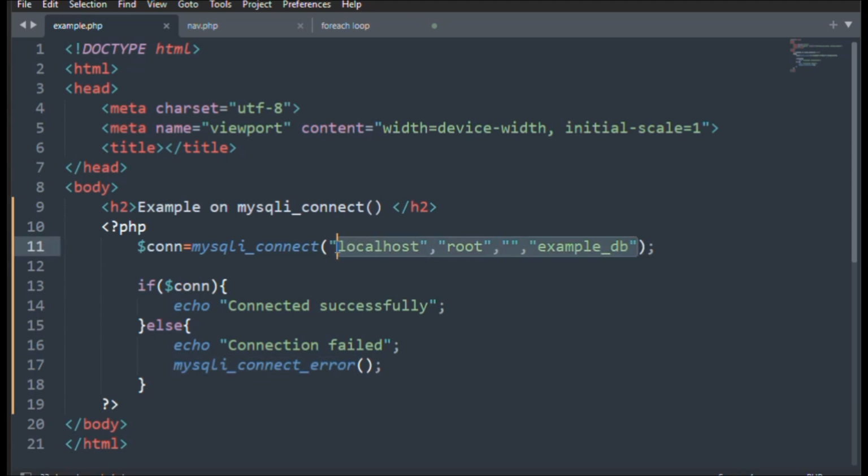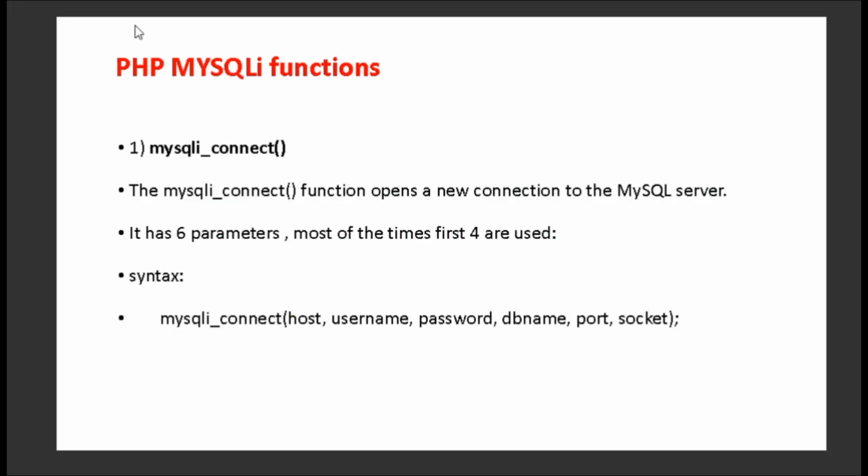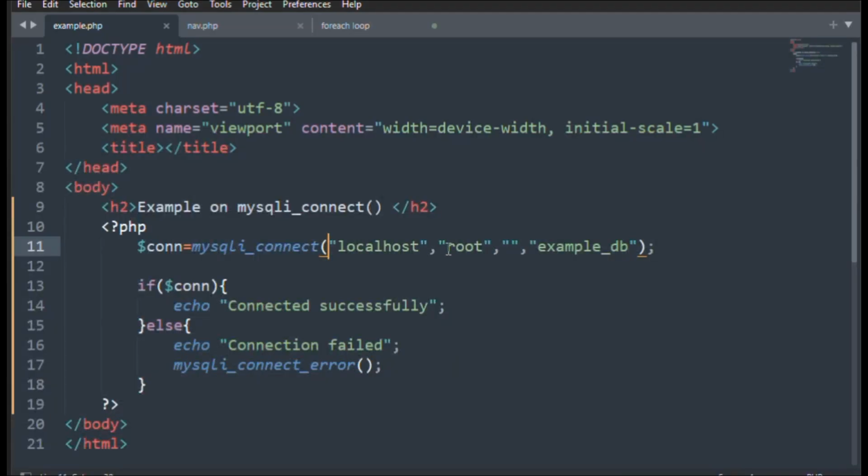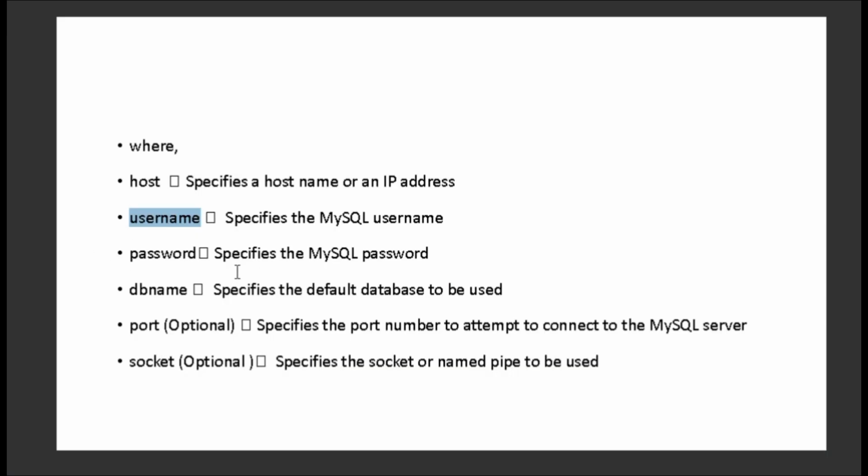Now I will explain the parameters that we are passing. Here you can see the host specifies the host name or an IP address. The next parameter is username, which specifies the MySQL username, which here we are giving as root. Next, the password specifies the MySQL password, which in XAMPP is empty by default.